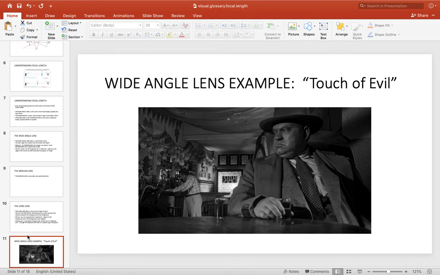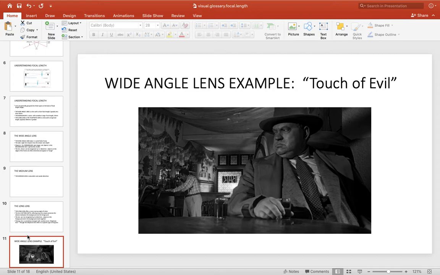I mentioned that Orson Welles, especially in the early years of his career, preferred to use wide angle lenses. That kind of distortion of the wide angle lens can sometimes give a sense of an influence from German Expressionism. I've talked about German Expressionism in this class. It was a film movement, obviously coming out of Germany, that was a highly stylized movement in cinema.